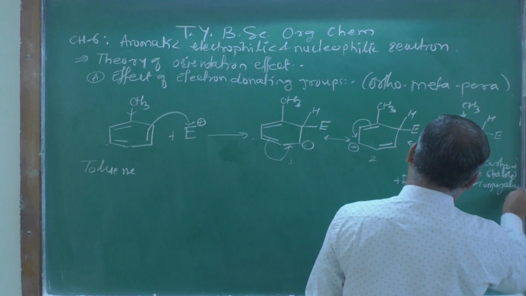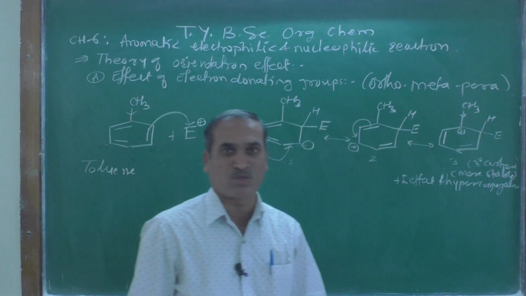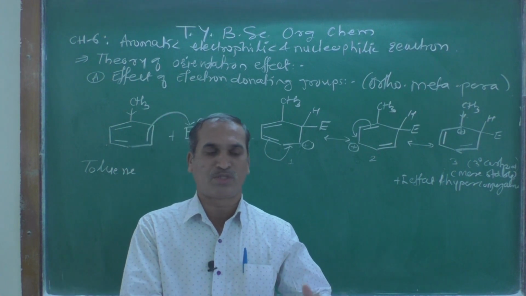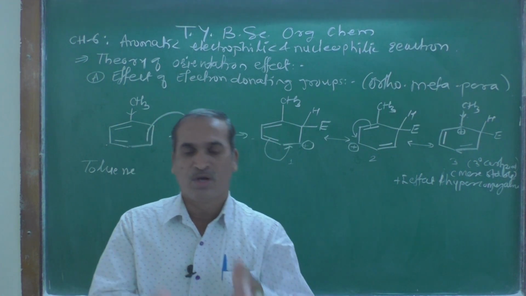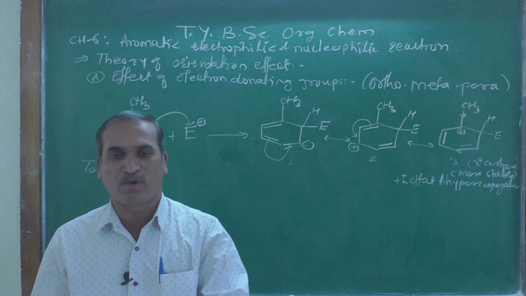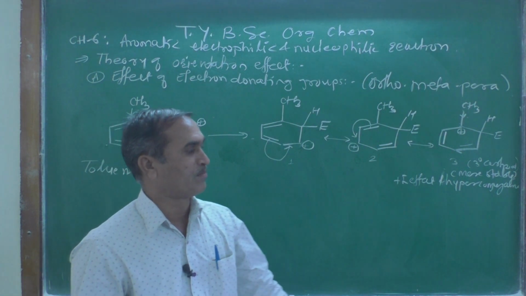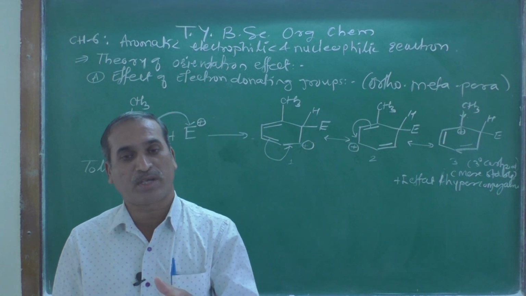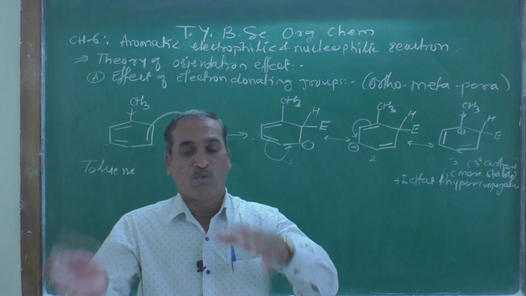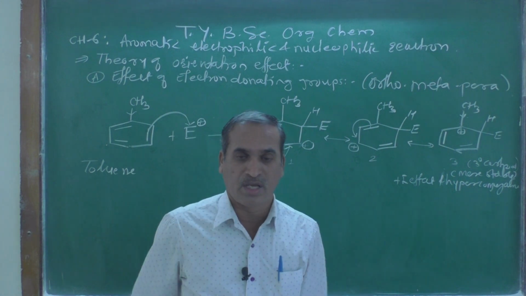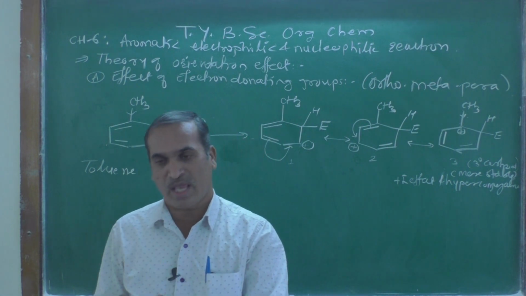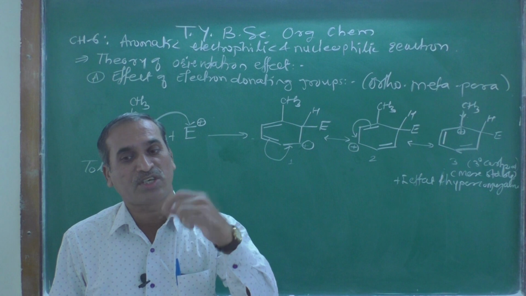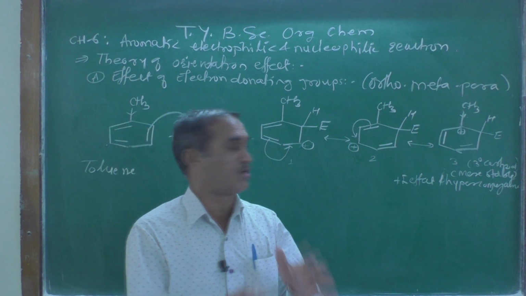And as we know, inductive effect means what? Polarization induced in an adjacent bond. Polarization in one bond is called the inductive effect, and the hyperconjugative effect is a modification of the resonance effect. Whatever rules and conditions apply remain the same, because it is just a modification of the resonance effect.